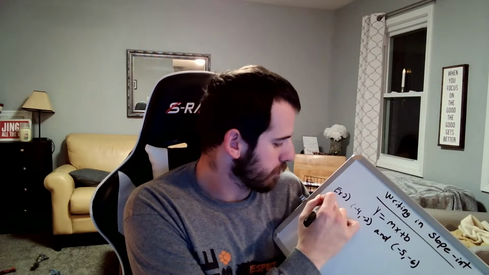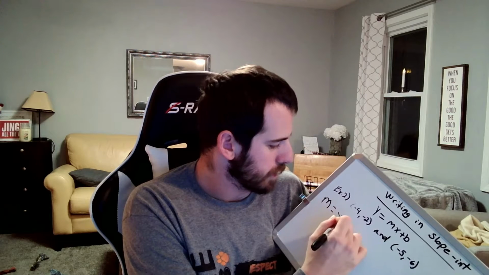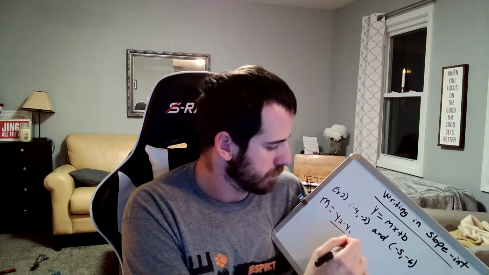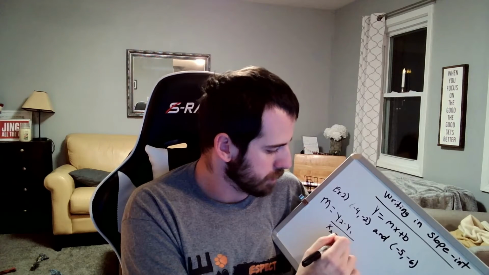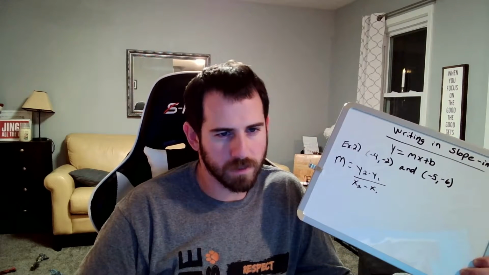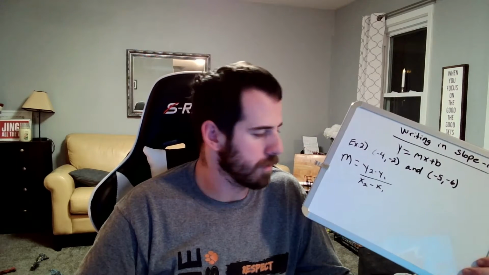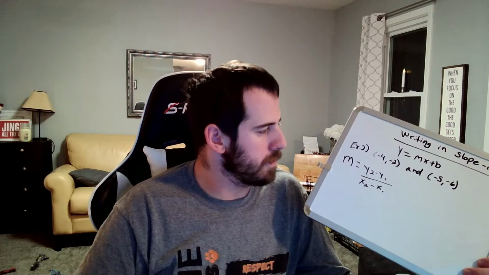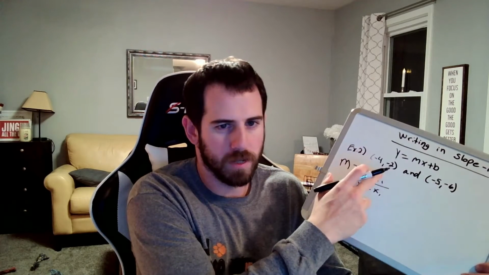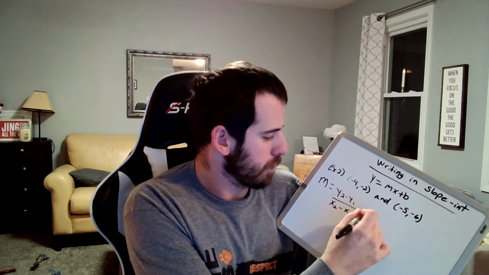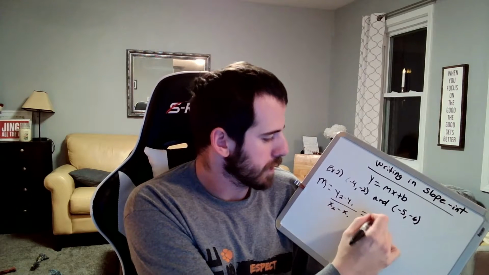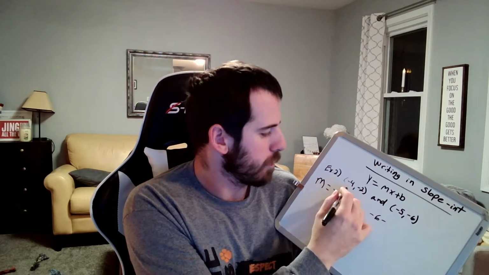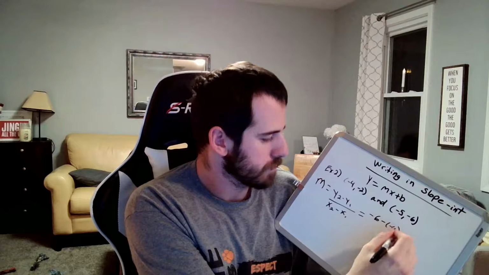If you remember, we have this formula of y2 minus y1 over x2 minus x1. Obviously this is a level 3 problem with how much you're going to have to do here. Again, first point's x1, y1. Technically it doesn't matter. So I plug those in. y2, we have -6 minus y1, which is -4.